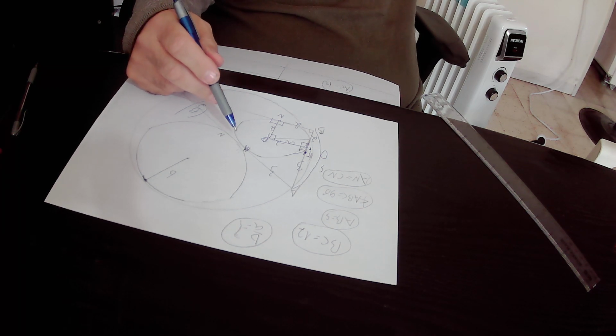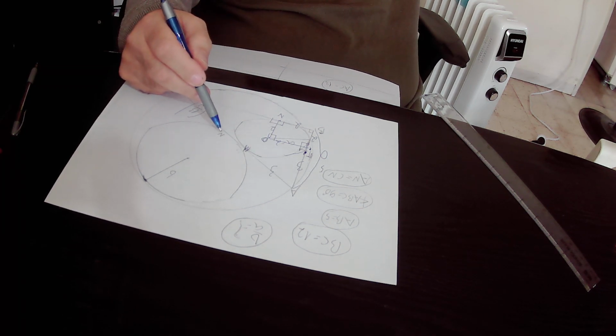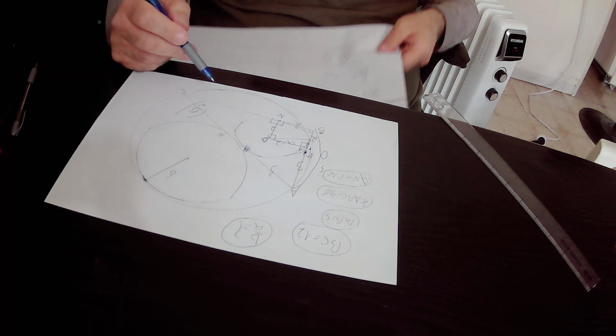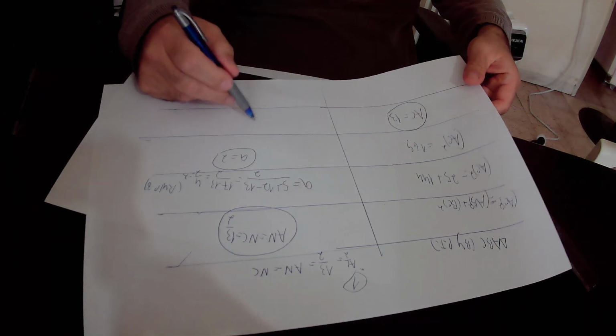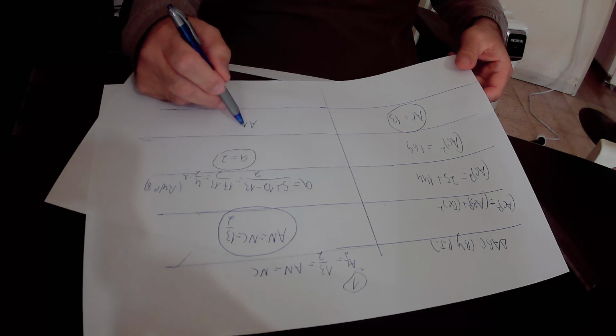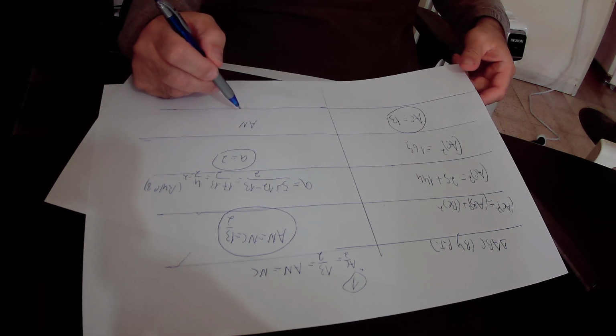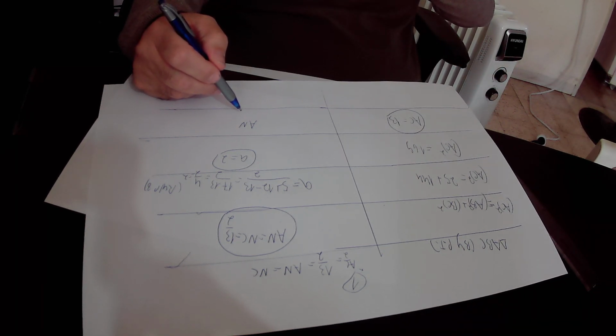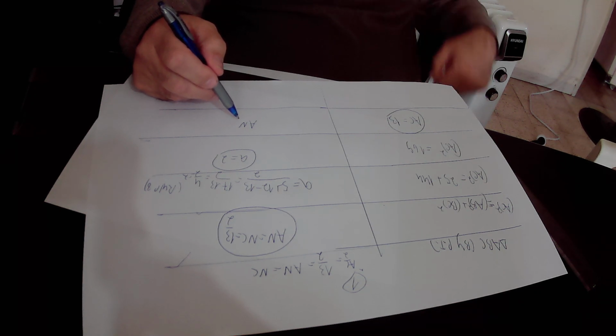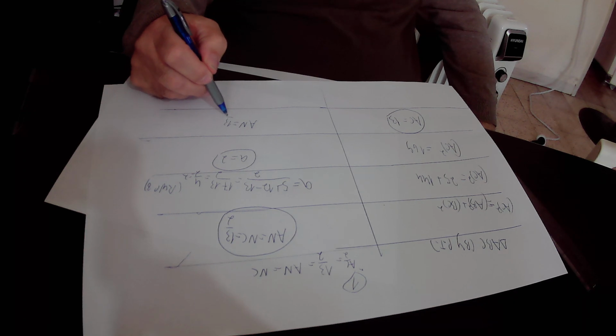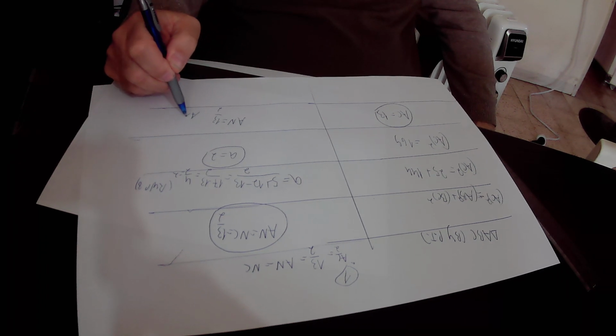Actually, it is AN equals 13 over 2. Again, AN equals 13 over 2 units, because AC is 13 and AN is 1 half of 13, so it is 13 over 2. AM equals 3.